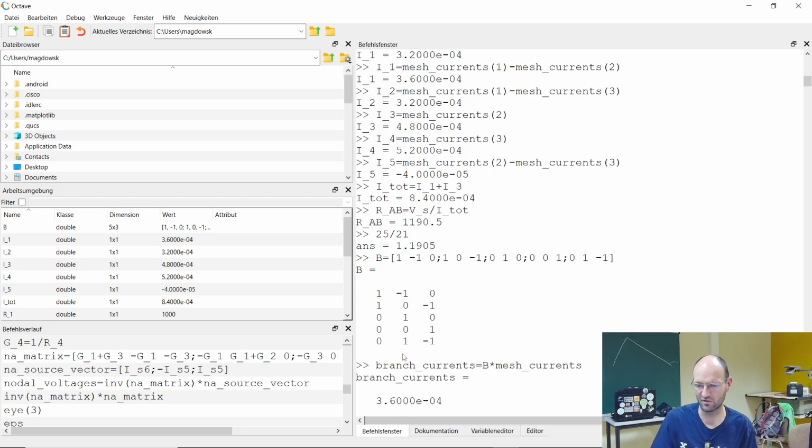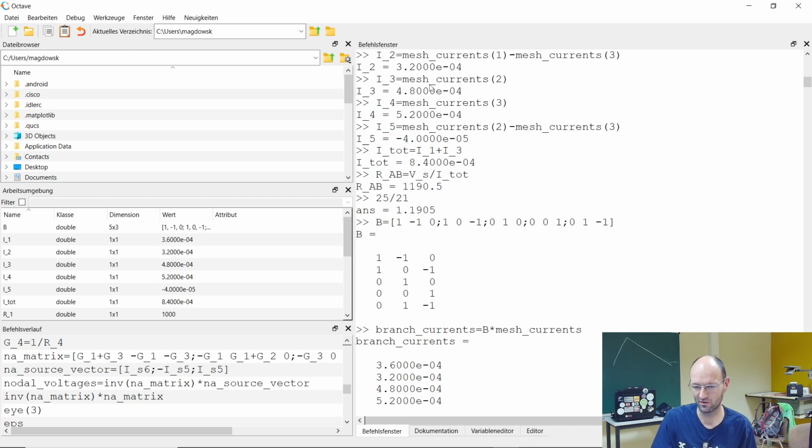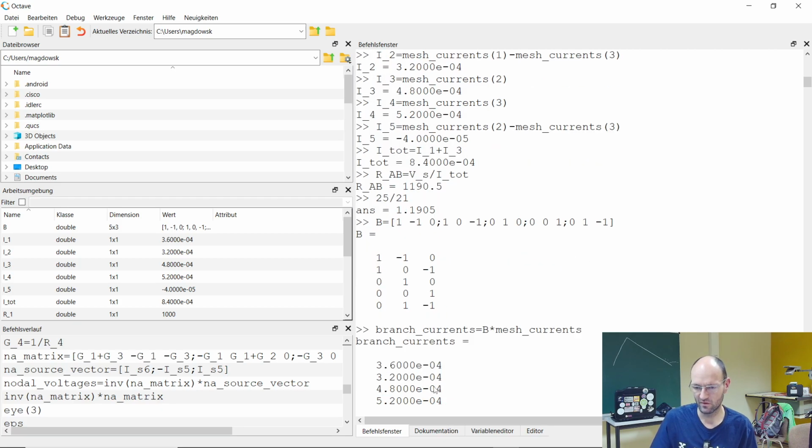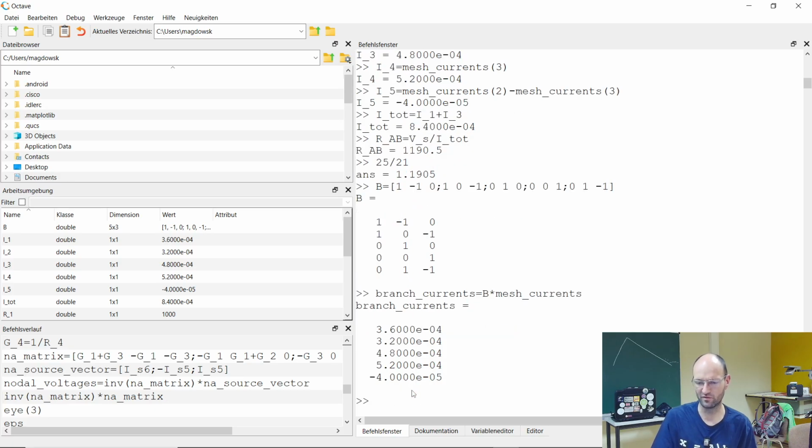Doch, it is the same result, because this calculation was wrong. I've scrolled too much upwards, but this is the right one. This fits. The second one fits. Third one fits. Fourth one also fits, and the last one also fits. So working perfectly nice. Then we have all the branch currents.